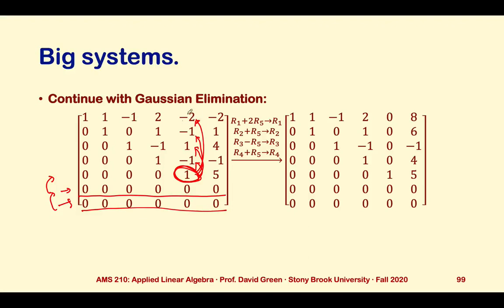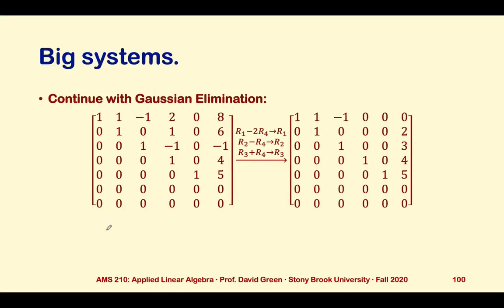To eliminate a -2, we add 2 times row 5. To eliminate this -1, we add row 5. To eliminate this +1, we subtract row 5. To eliminate this -1, we add row 5. In summary, these are the 4 operations. In each case, for row 1, 2, 3, and 4, we're going to add or subtract the appropriate multiple of row 5.